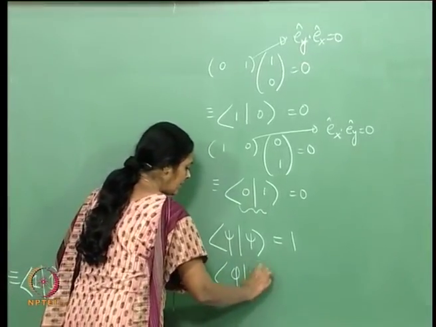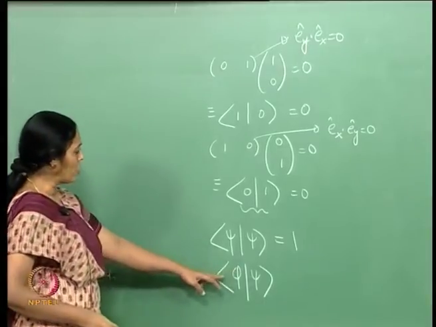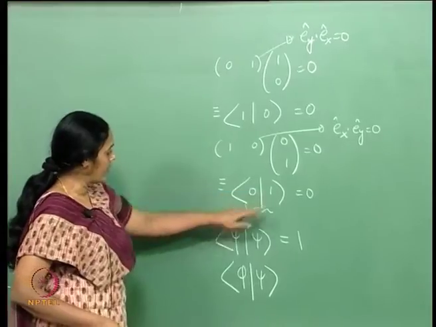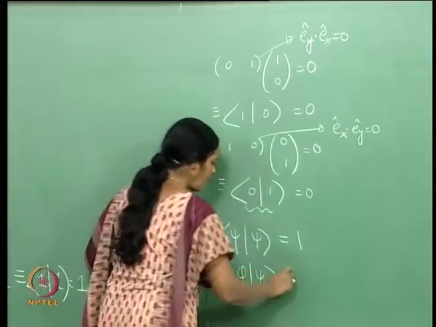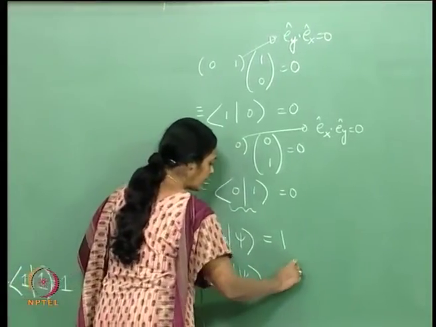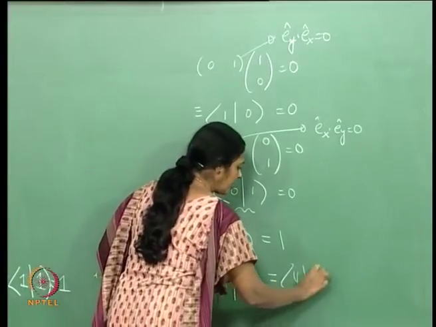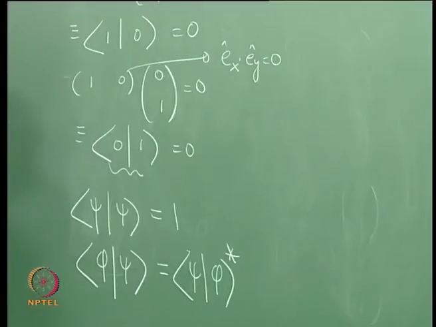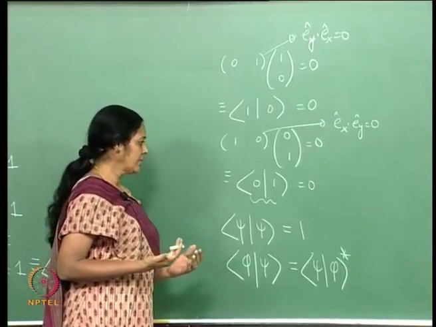In general, I can have the inner product of two different objects like this or like that. But it is clear that this thing is psi phi star. In the example considered, all the entries were real.